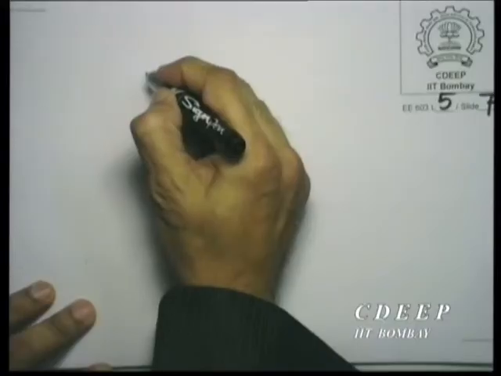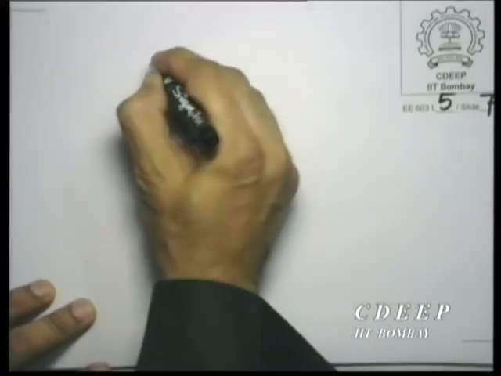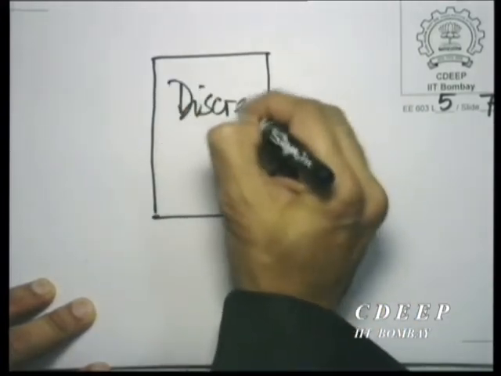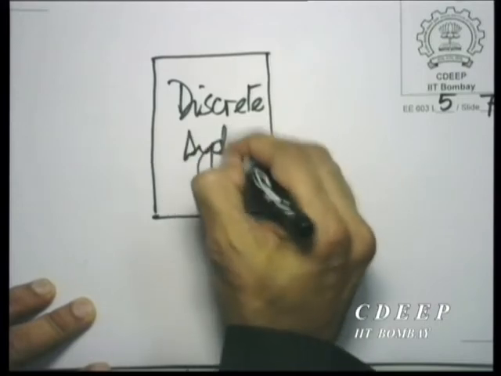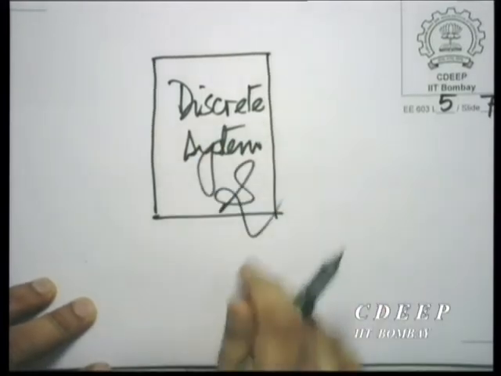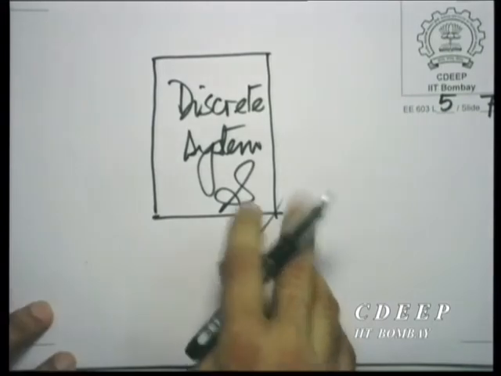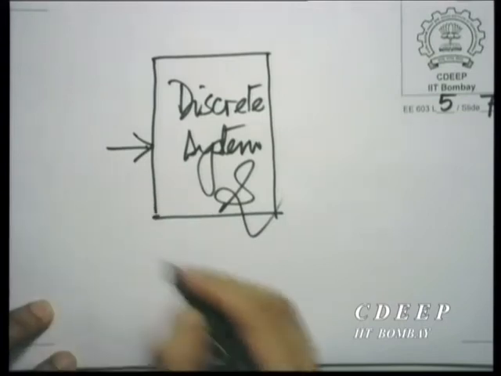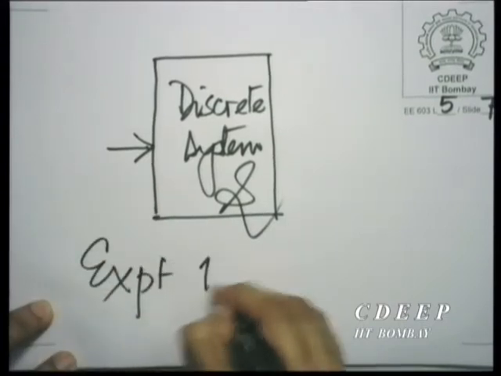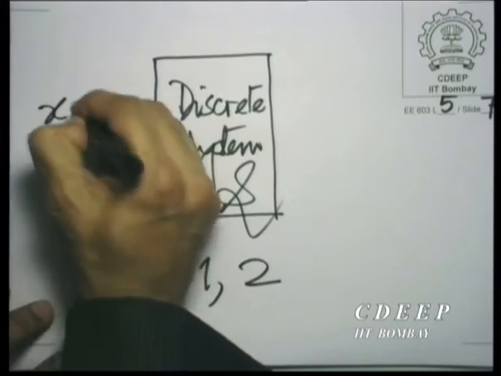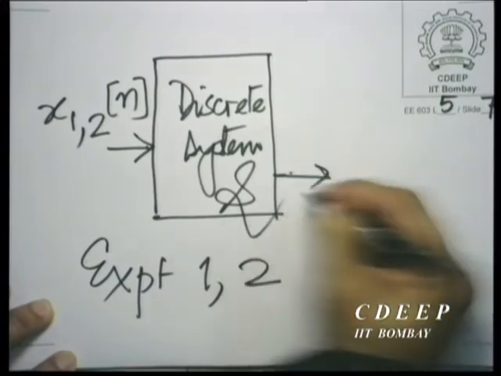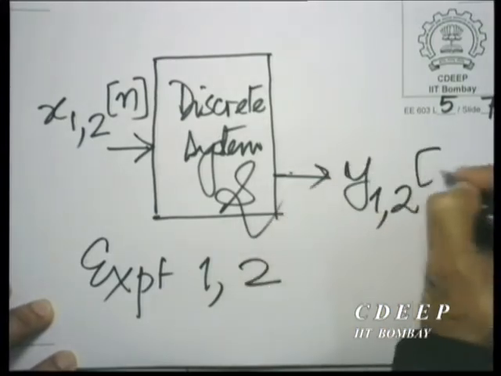Here again, I conceive of three experiments, and I am more abstract now. I have this discrete system. I shall denote that discrete system by script S, as I have done here. I apply to it in two different experiments, which I shall number experiment 1 and 2, the inputs x1[n] and x2[n], and observe the corresponding outputs y1[n] and y2[n].